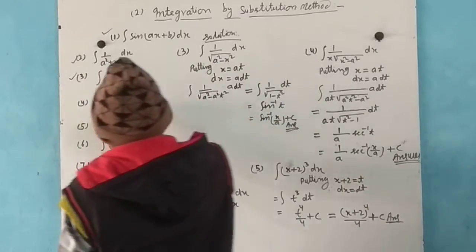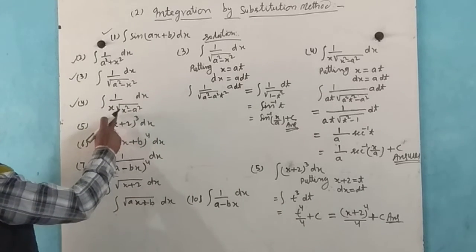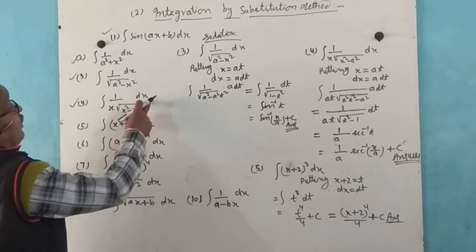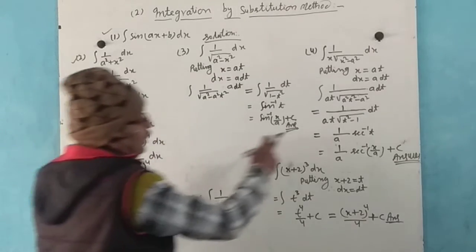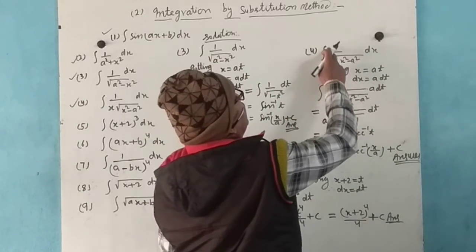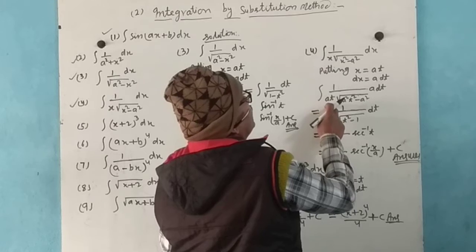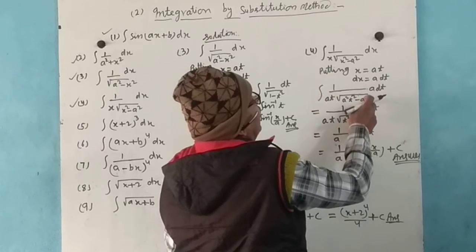Now question number 4, integration of 1 by x under root x square minus a square dx. In this case also, putting x equal to at, dx equal to a dt, and here 1 by x equals 1 by at, under root a square t square minus a square.